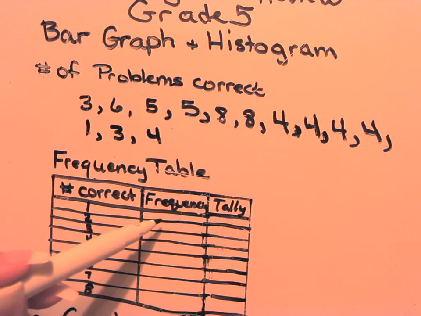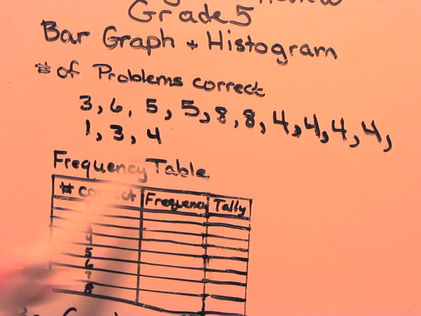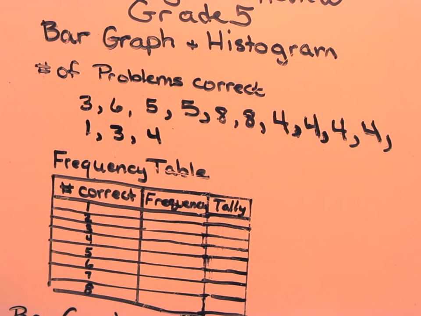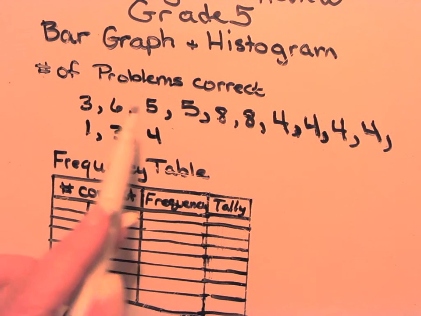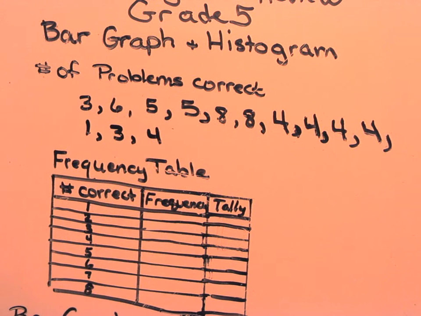Now the frequency is how often we see those different numbers. So how often do we see the 3, the 6, the 5, and so on. What we're going to do over here is keep a tally, and that makes it easier for us when it comes to making our graphs. So I go through each number. I have a 3, so I put a tally mark by the 3.